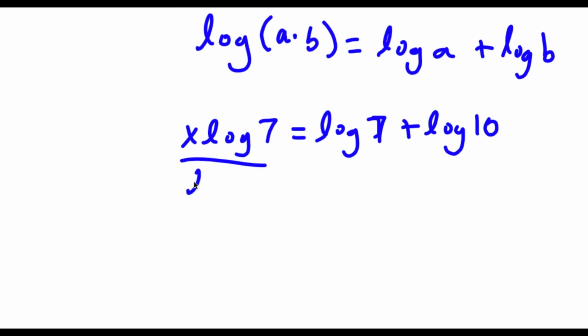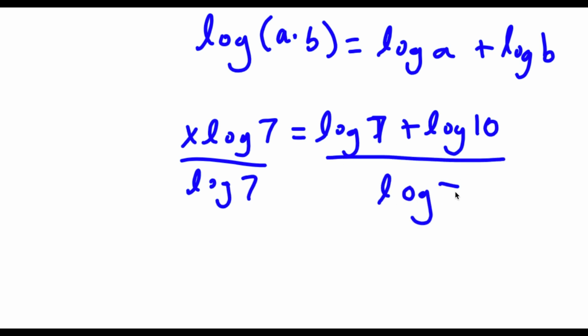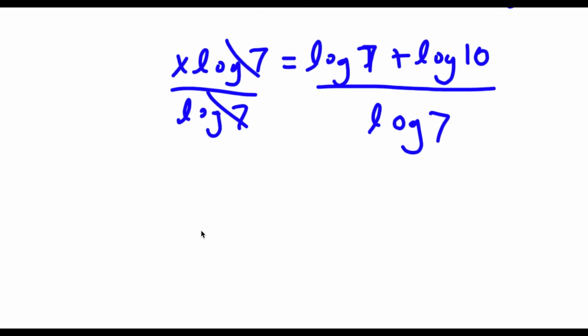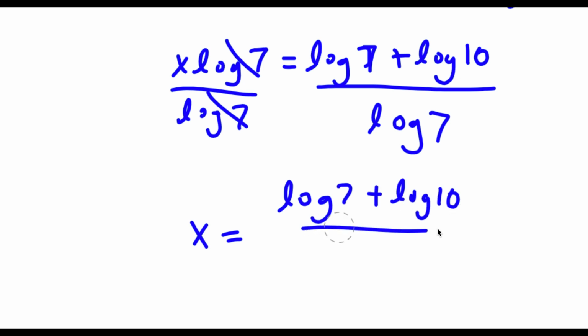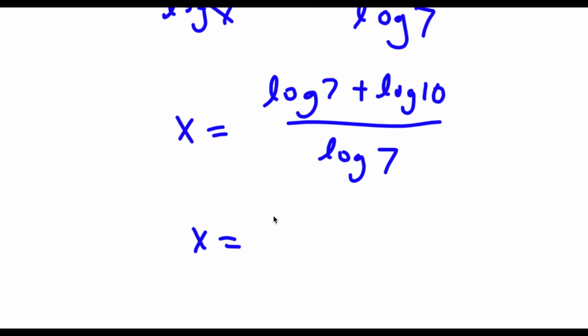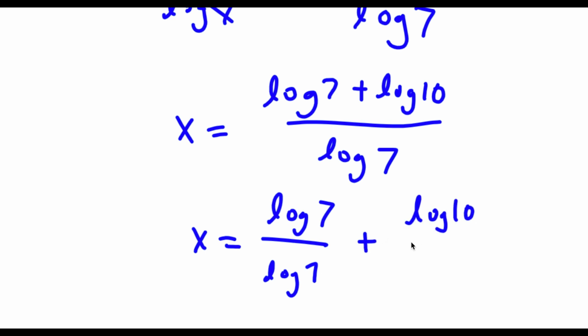Now I'm going to go ahead and divide both sides by log 7. So then these two are going to cancel out, and now I'm going to be left with x is equal to log 7 plus log 10 over log 7. Now this is the same thing as log 7 over log 7 plus log 10 over log 7.